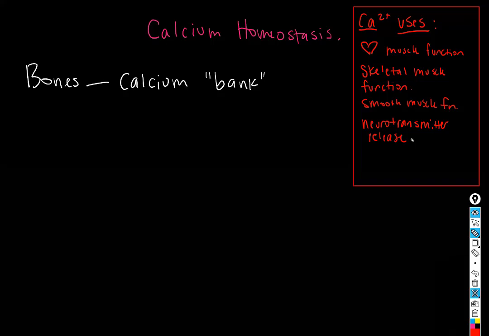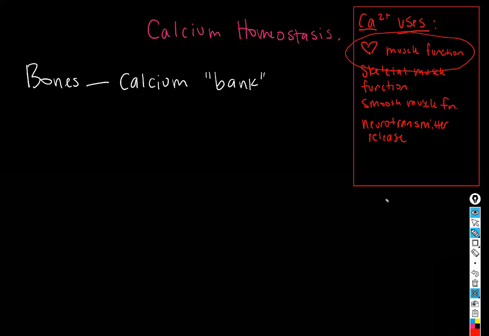So that should help drive home the idea that if there is an imbalance in calcium, stuff starts to go wrong really quickly. The one that clinically we worry about the most is the top one, heart muscle function. But calcium irregularities do affect other systems as well.